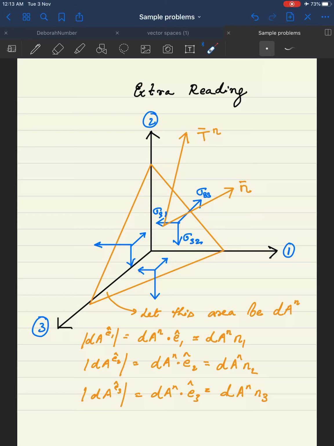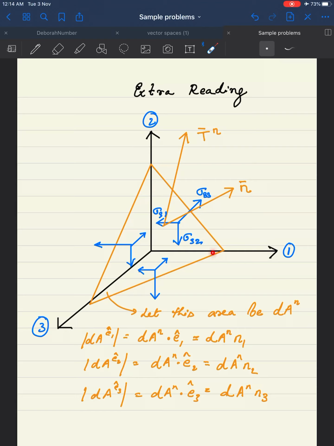And what we have done is we have drawn the other components of the stress on the other faces. So there is this other face on the plane 2 1. There is this face which is the triangular face on plane 2 3, and this is the second triangular part in plane 3 1, and combined with this tetrahedral element, you have a complete unit.